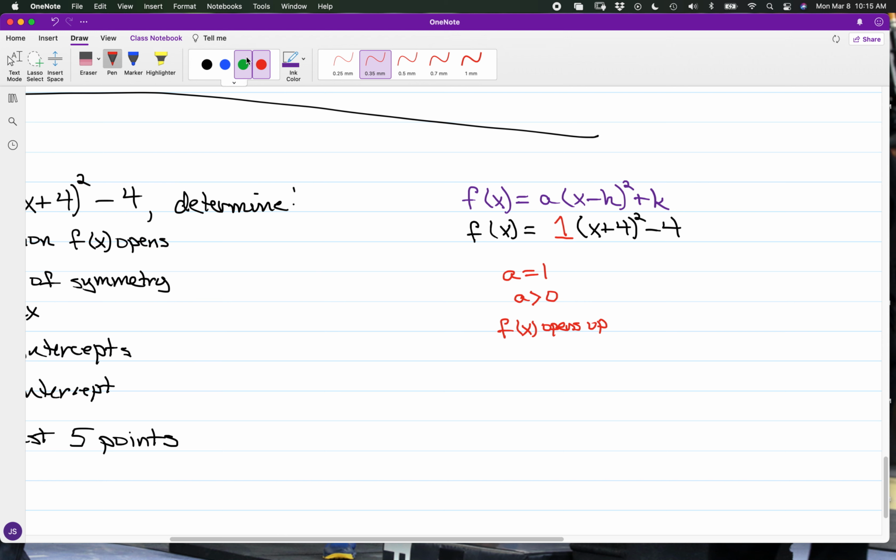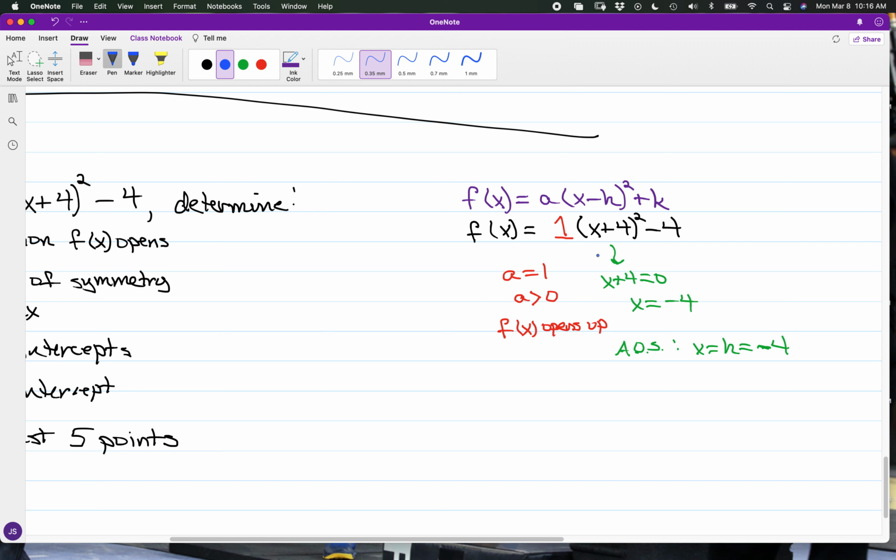And as for the h and the k values, x plus 4 is equal to 0, so we have x is equal to -4. And for the axis of symmetry, again, we have x is equal to h, which is equal to -4.